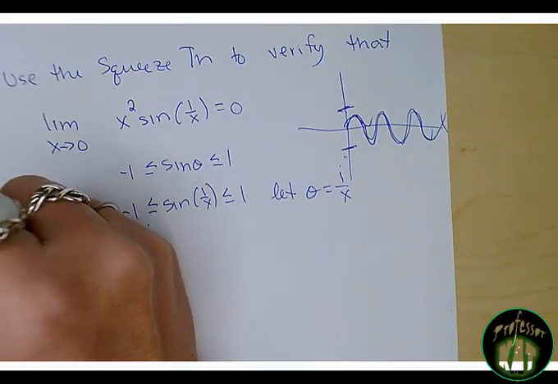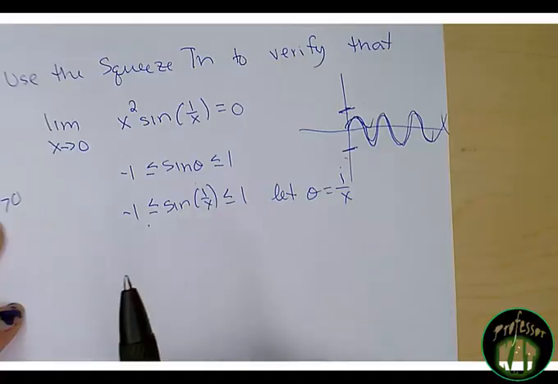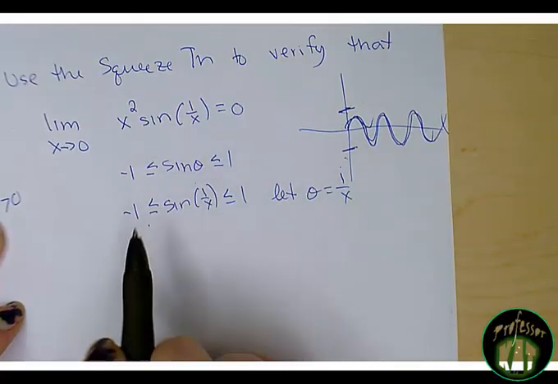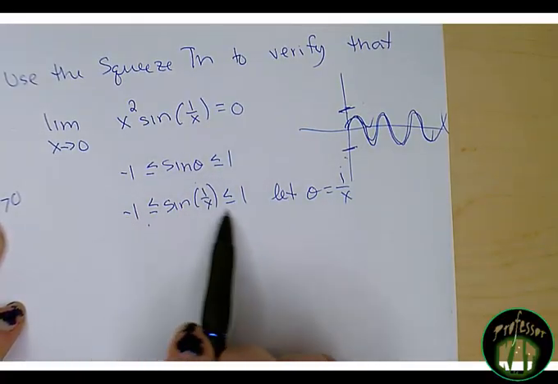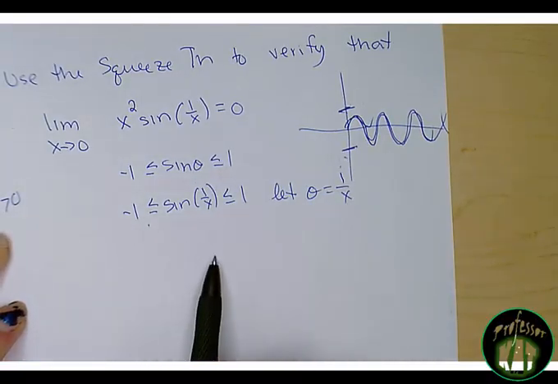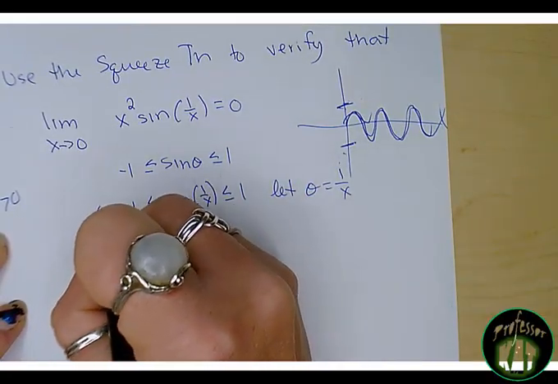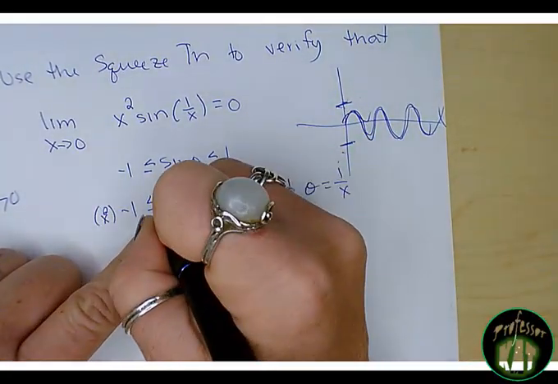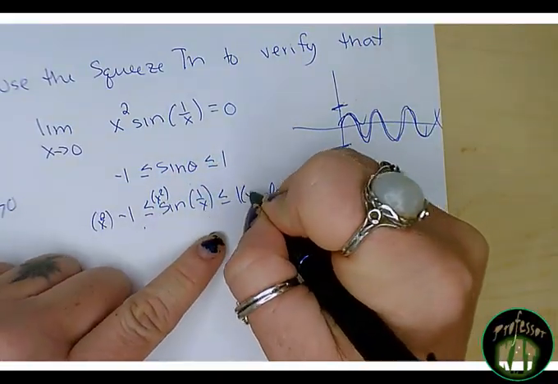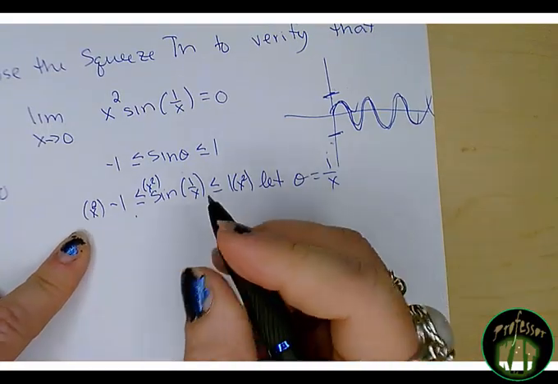We do know that x squared is always going to be greater than 0, so it's going to be positive. So if I multiply everything that I have here by x squared, it's not going to change the signs of anything here. So I can say -1 times x squared, sine of 1 over x times x squared, and 1 times x squared. I can multiply all three of these by x squared.